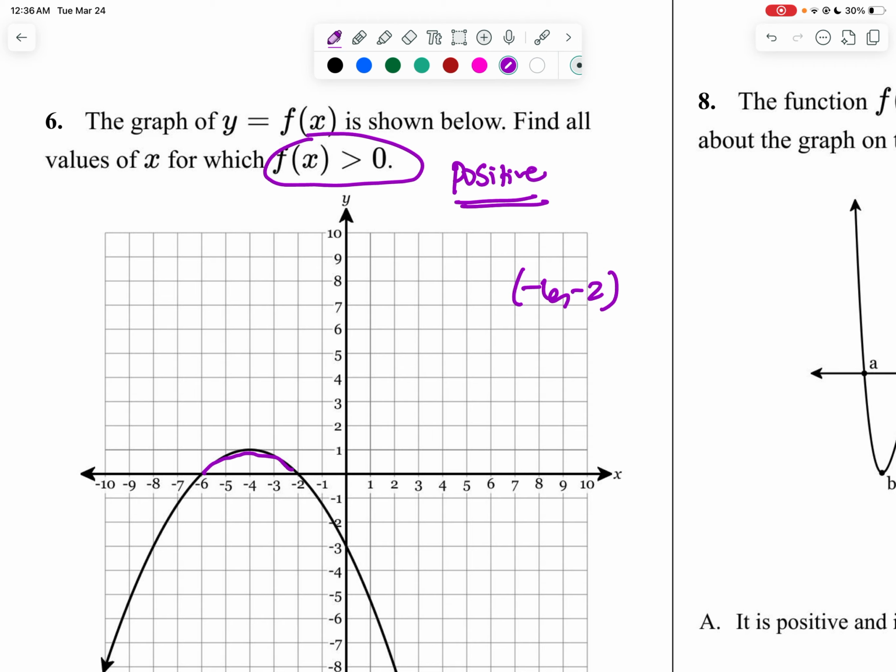But if I said when is f of x greater than or equal to 0, then I could say -6 and +2 with brackets.